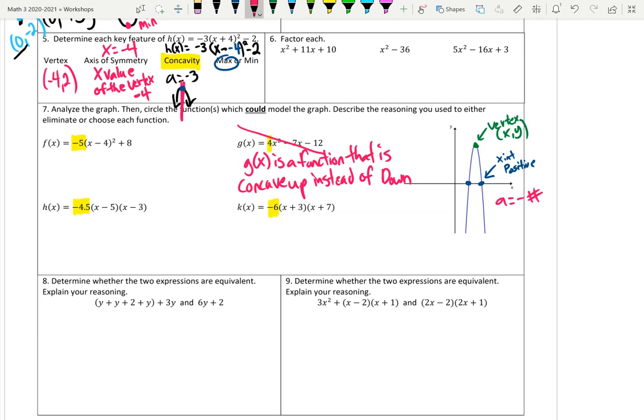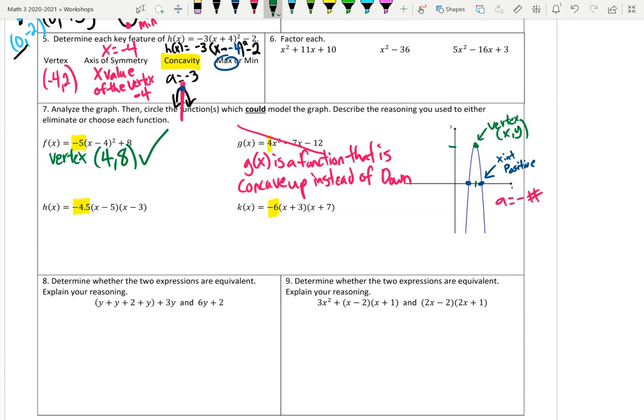Now let's continue our journey. I'm going to start with f of x. It's in vertex form. Let me ask myself, what is this vertex? Looking at it, I should be able to pull it: it is at (4, 8). If I graphed this, 4 to the right, 8 up, this is a possibility.